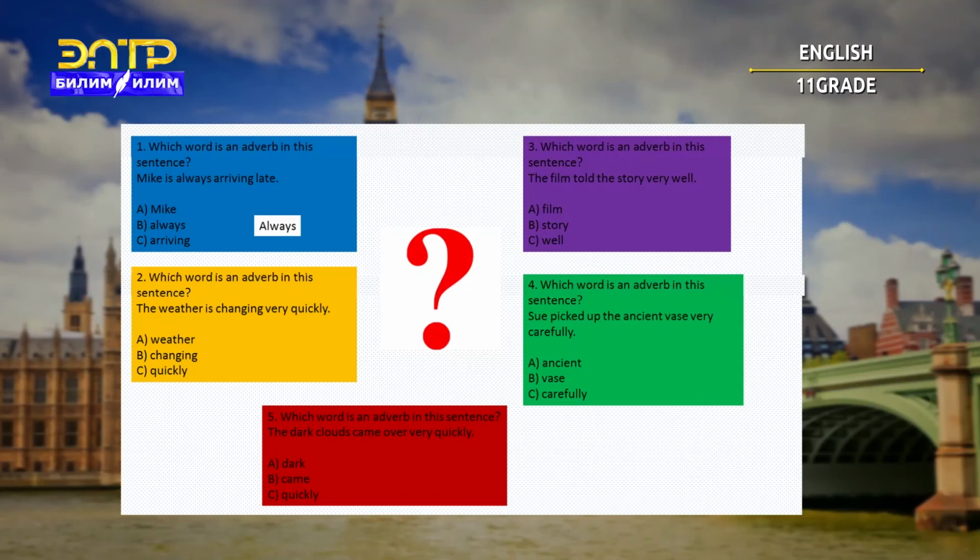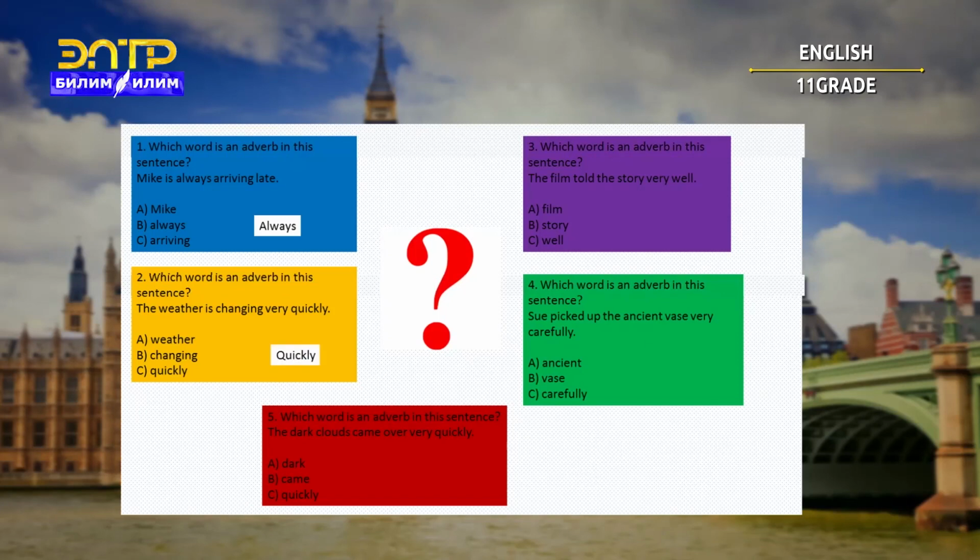Number 2. Which word is an adverb in this sentence? The weather is changing very quickly. A. Weather. B. Changing. C. Quickly. And the right answer is? Yes, that is quickly.